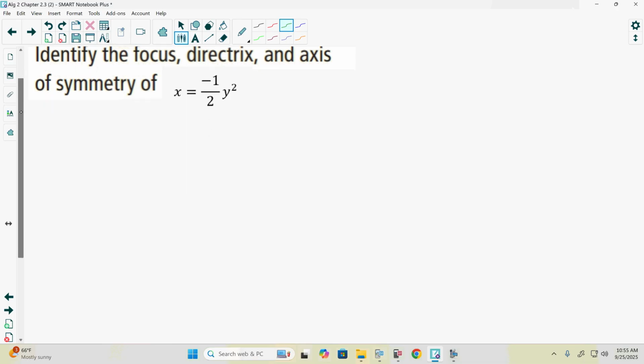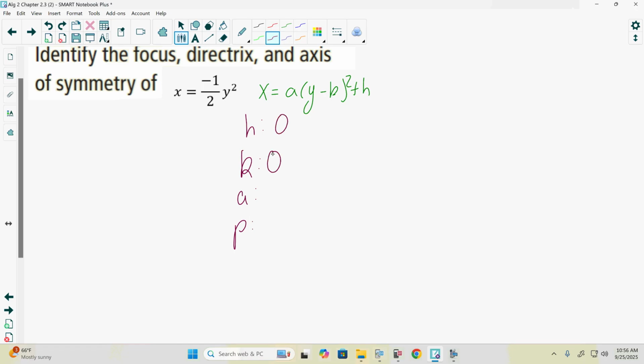Let's look at least one or two more, and then we can move on, because I think we feel good with these here, yes? So looking at this here, h and k are 0 because there's not a number that lines up with h and k.